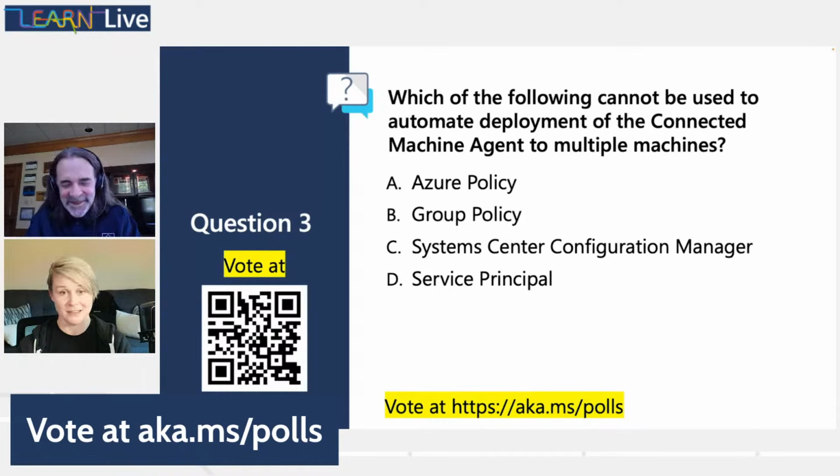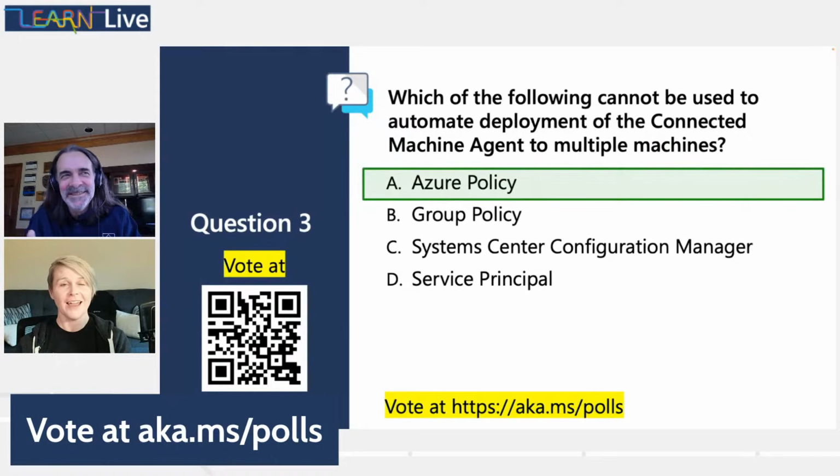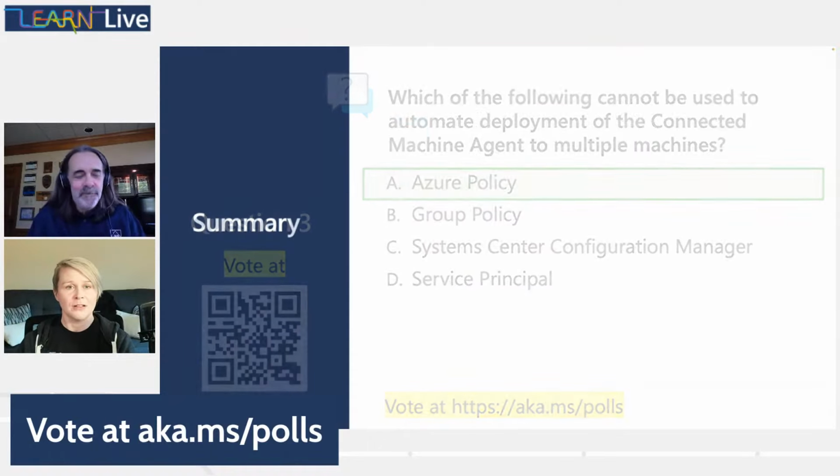Well, let's see. Azure Policy. Good job, absolutely, everyone. Until the machine is in Azure, until it has an Azure Arc object, Policy can't see it. It can't talk to it. That's how we ruled that one out. Fantastic, good job.